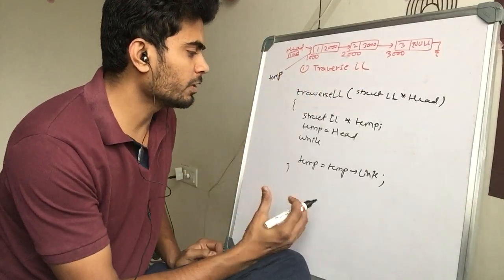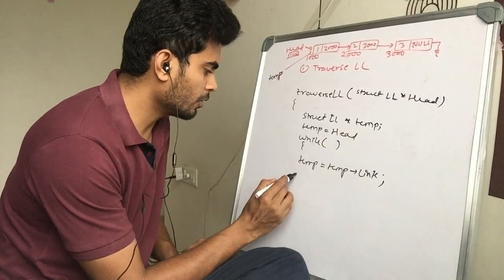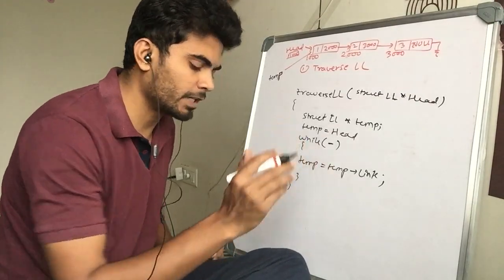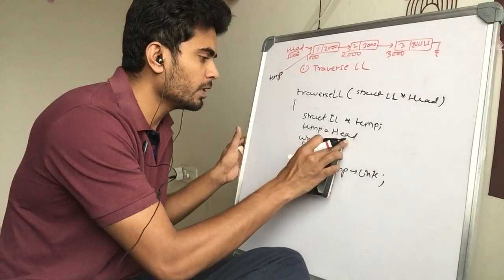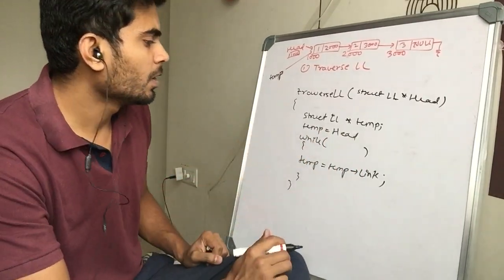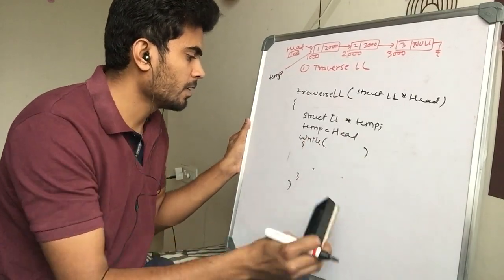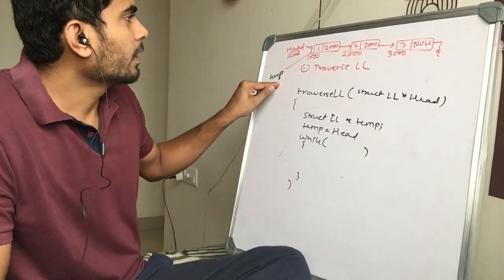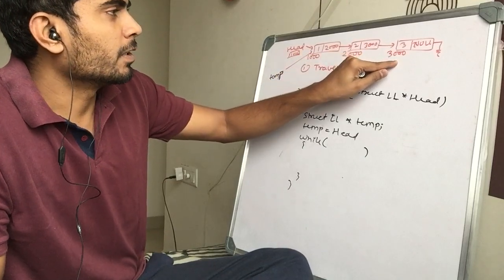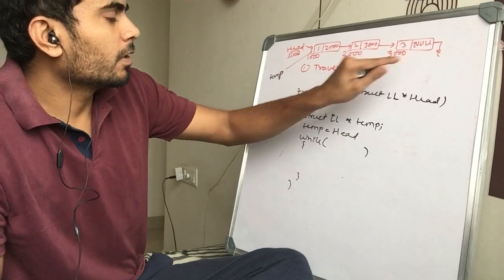So there is a loop which we can create. That loop is infinite without any condition, so we need to provide the condition first. What should be the stopping condition, the base condition here? Temp is this node, then at the second iteration temp should be here, then at the third iteration temp should be here, and we want to do this till we get null.